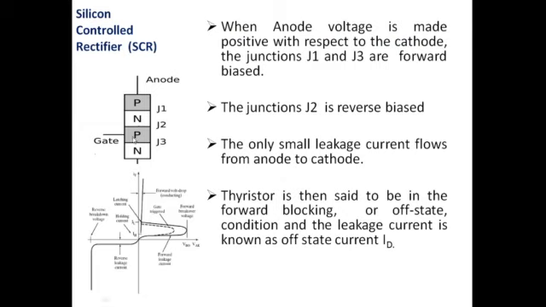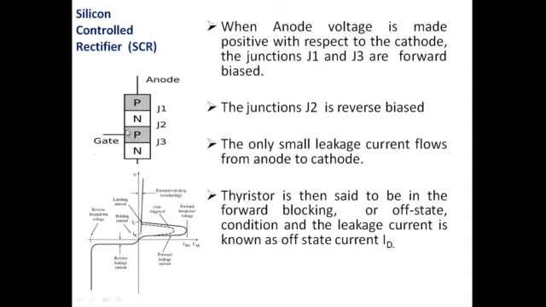See here at J2, these are the holes, and they will go towards the N side. A small depletion region already exists. Because of the applied potential, this depletion region width will increase, because the holes are going away from this junction.